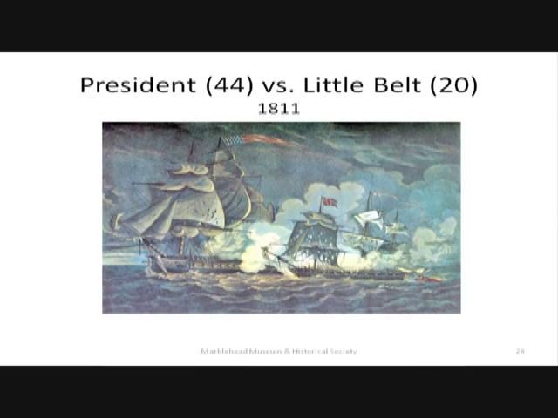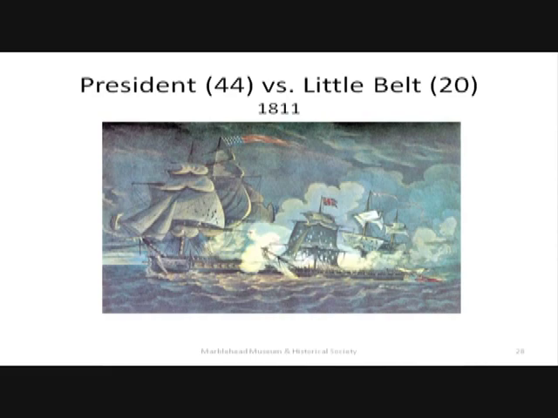The President finally caught up with the Little Belt at night, a little after 8 o'clock, and anyone who's been to sea at night knows that estimating distances and sizes is extremely difficult. Both of the ships approached each other.